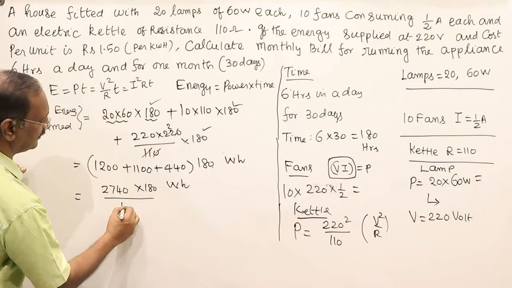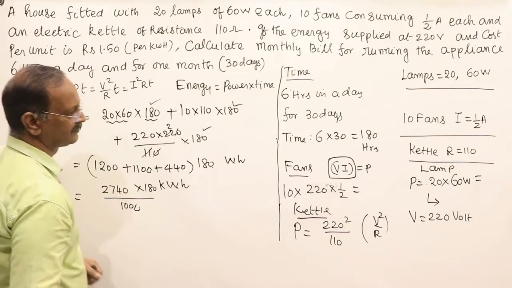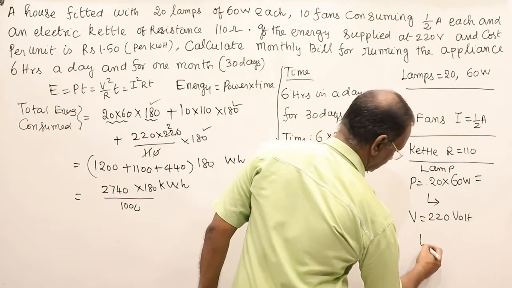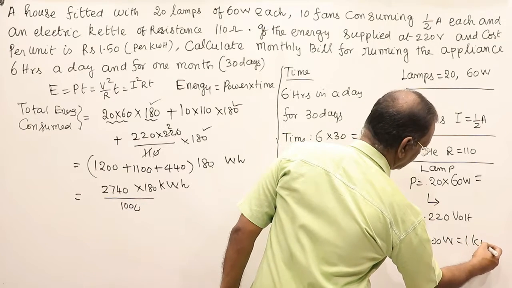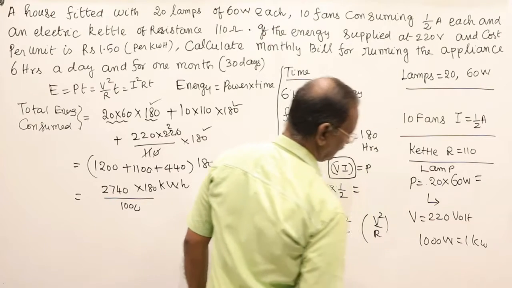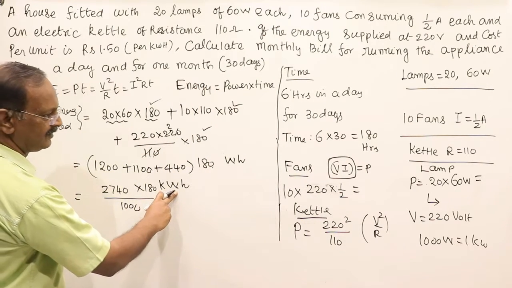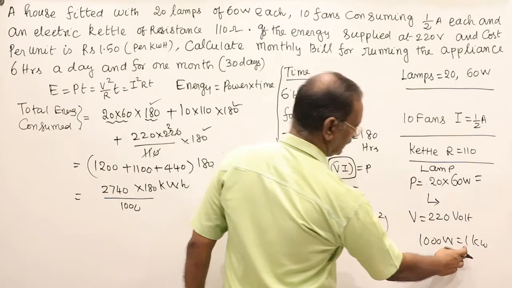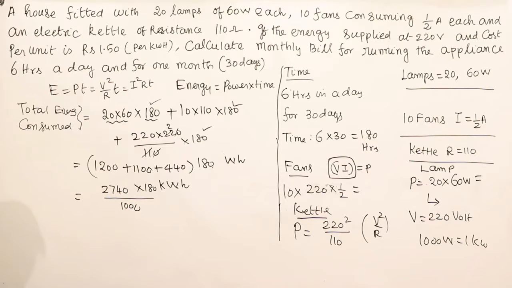When we divide by 1000, this will become kilowatt hour, because 1000 watt is equal to 1 kilowatt. It means to convert watt, 1 watt is equal to 1 by 1000 kilowatt. So we have added this, and now we have to calculate the cost.